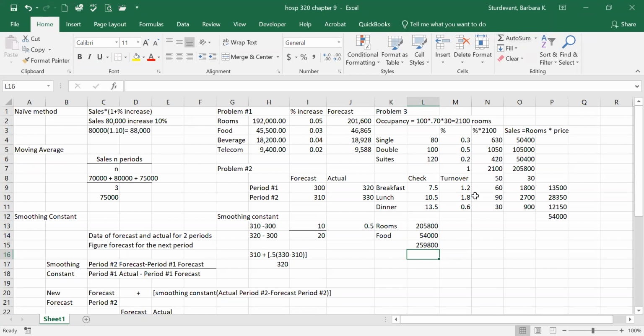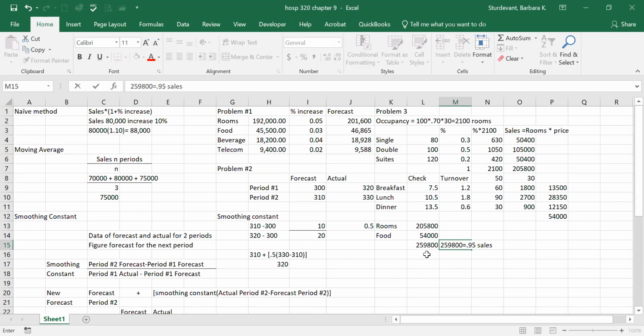And that total is equal to 95% of sales.